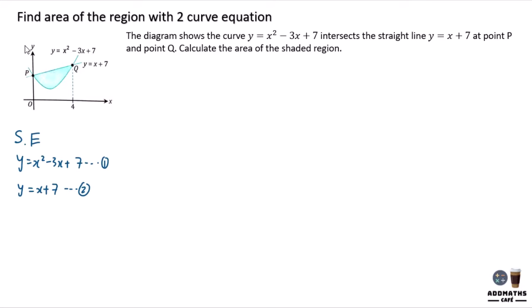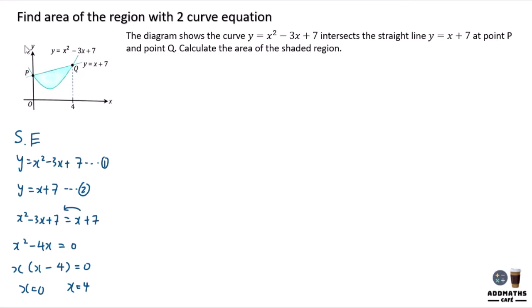So x squared minus 3x plus 7 equals x plus 7. Bring all to one side and you get x squared minus 4x equals 0. If you simplify this by factorization, you will get x equals 0, x equals 4.